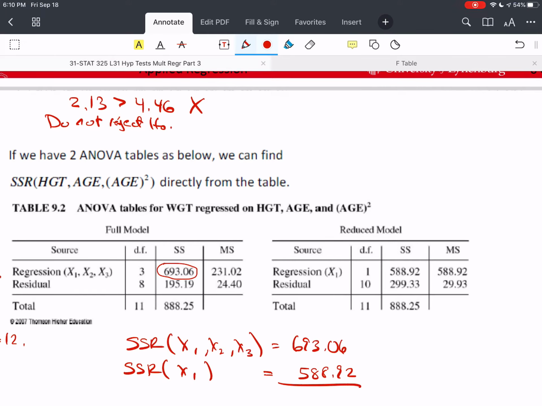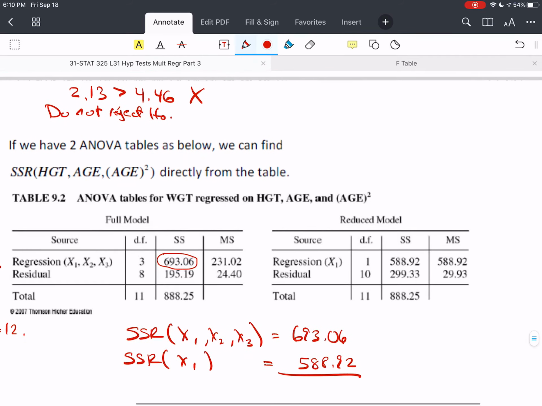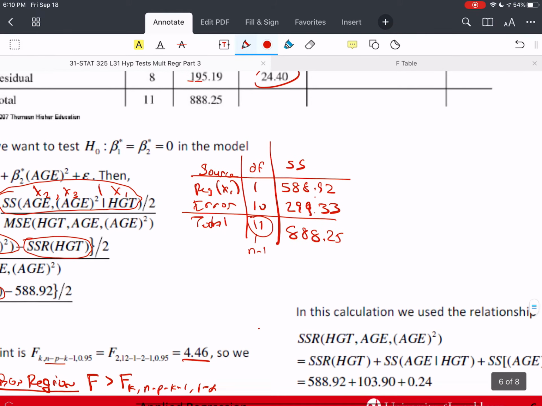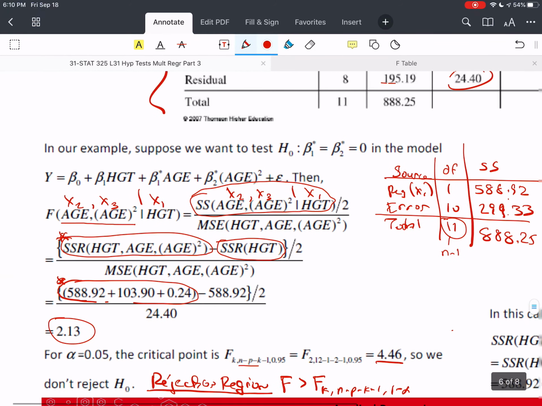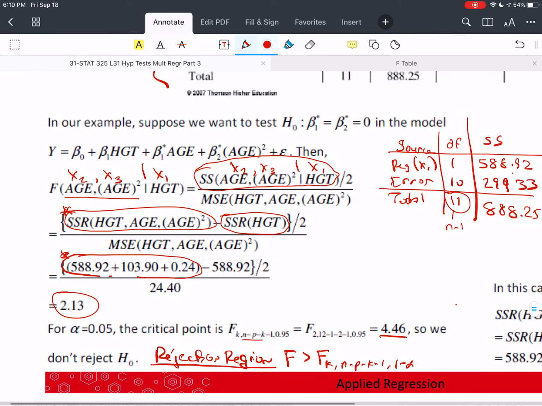And then we subtract these. And that gives us the 104.14. And that was exactly what we had. What I had given you earlier was 103.9 plus 0.24. So that's 103.9 plus 0.24 is 104.14.